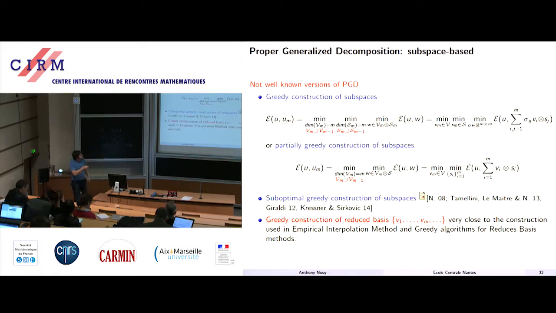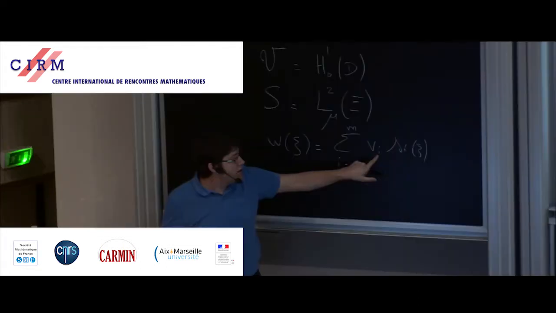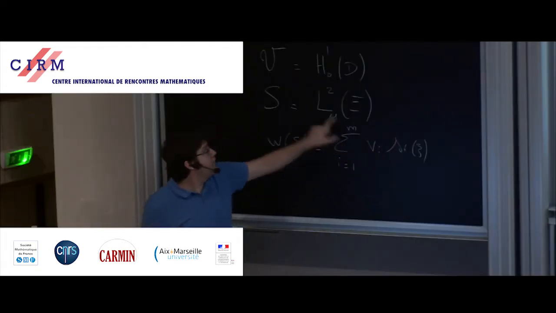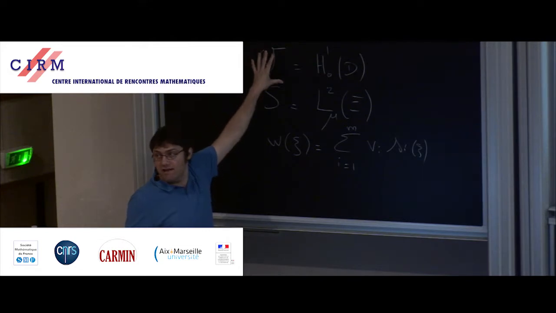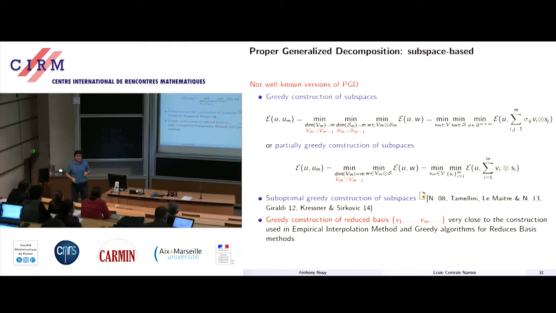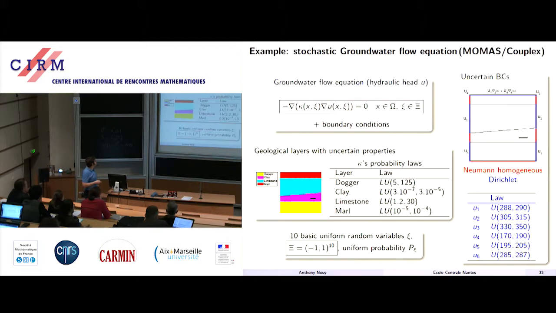So these greedy constructions in the subspace have the nice property of being constructive in the construction of this set of functions, and require at each step of the algorithm only the solution of problems of complexity V, and not V to the power m. So it's an interesting property of this kind of greedy construction.